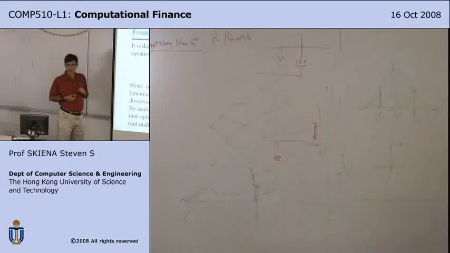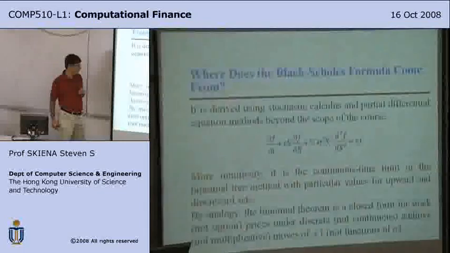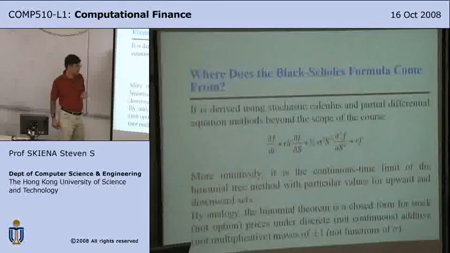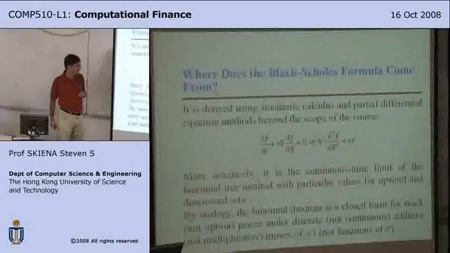Okay? So we could think of the binomial theorem as being, in some sense, a closed form for stock prices, not option prices, which is what the Black-Scholes is for, under a discrete as opposed to a continuous model of steps.